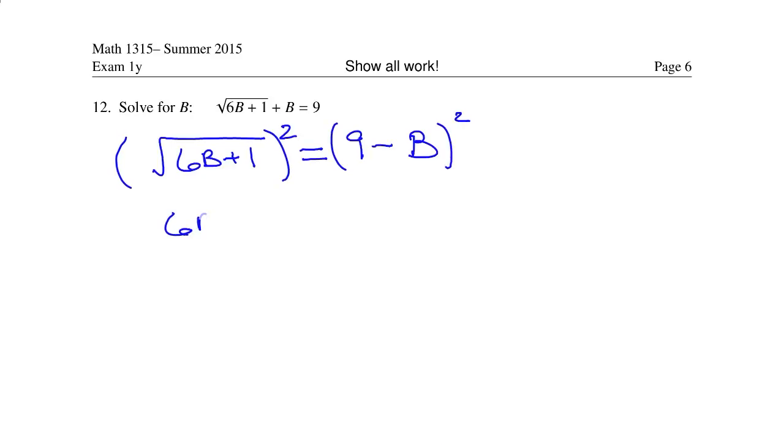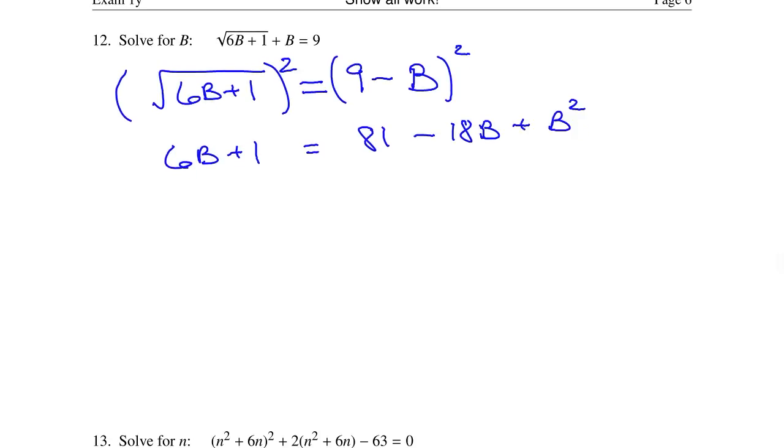You get 6b plus 1 is equal to 81 minus 18b plus b squared. We have a quadratic, so move everything to the right side, since that's where the b squared is. 6b comes over, and that makes negative 24b. The 1 comes over and makes positive 80.